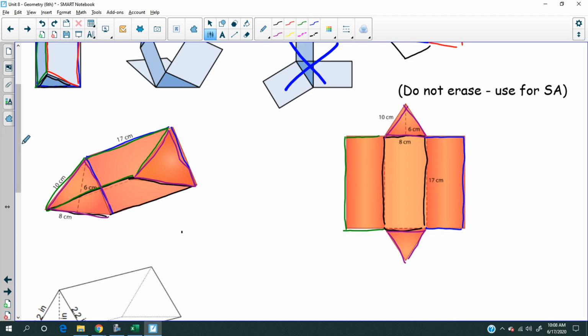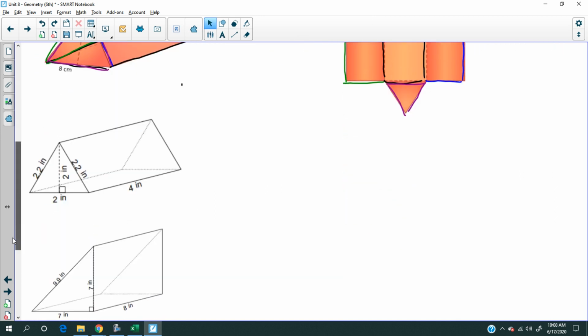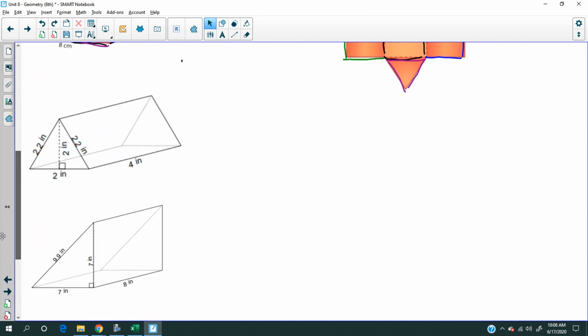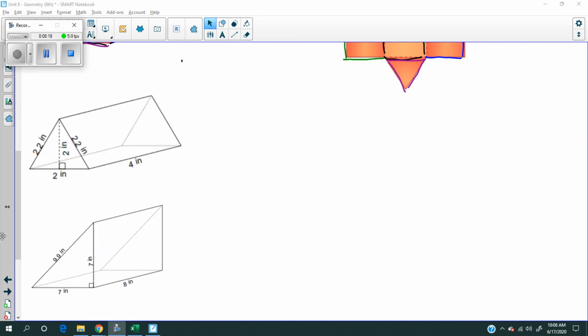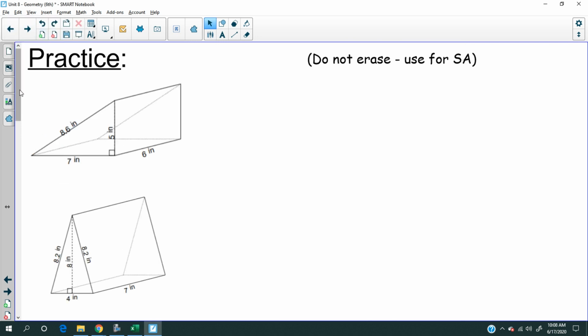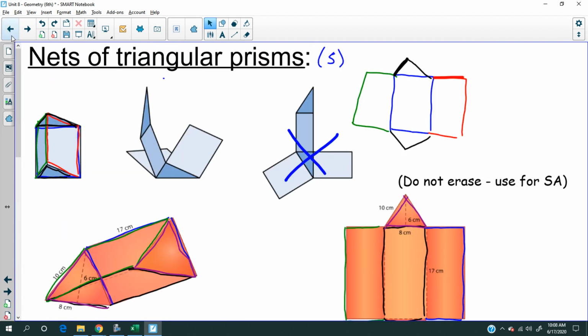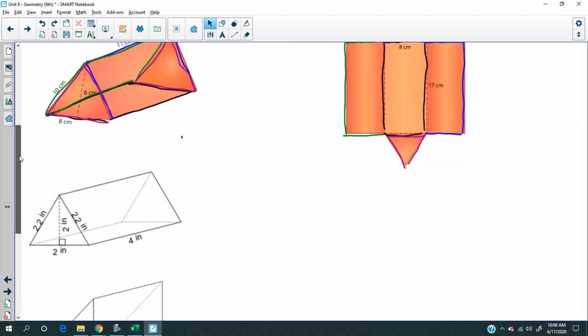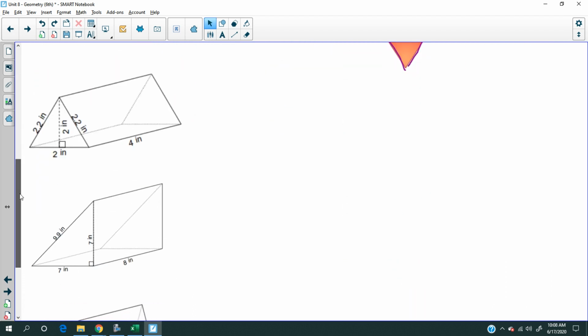Now, that said, why don't I let you practice for a little bit? Let's try these three. Let's see how we're doing on time. Let's try these three and then stop. Tomorrow we will practice with this, and then we'll move on to the next shape. How about that? Go ahead and try these three.